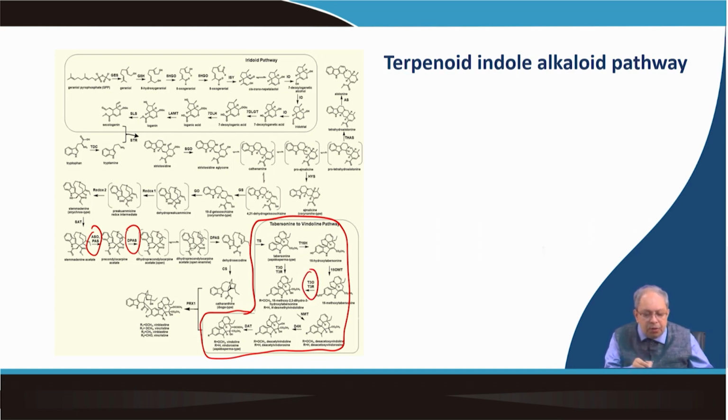This is the first step of the iridoid pathway leading to the formation of secologanin, and the remaining things are also present here. One important point is that from cathenamine, tetrahydroalstonine and finally alstonine can also be synthesized.